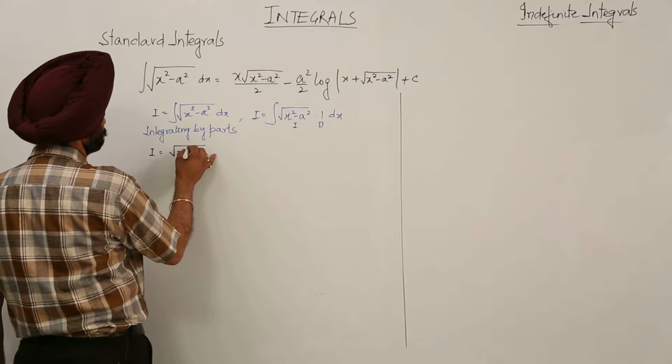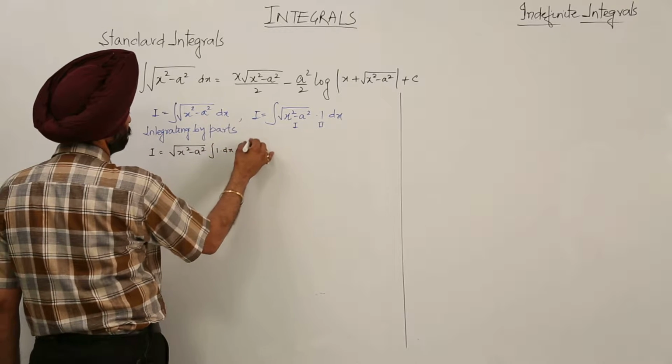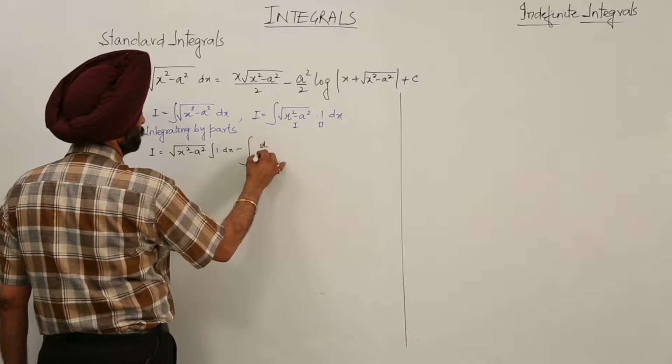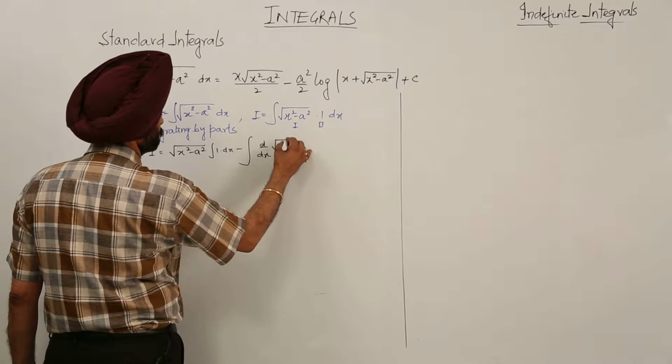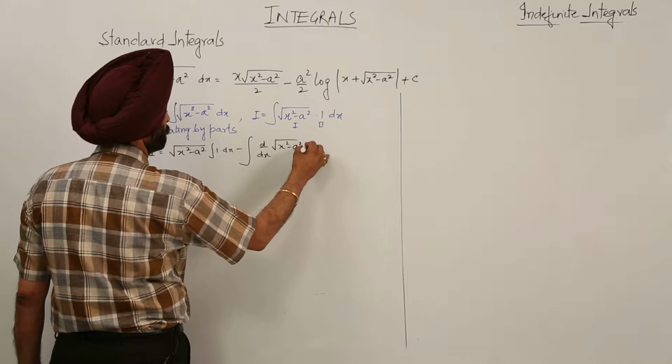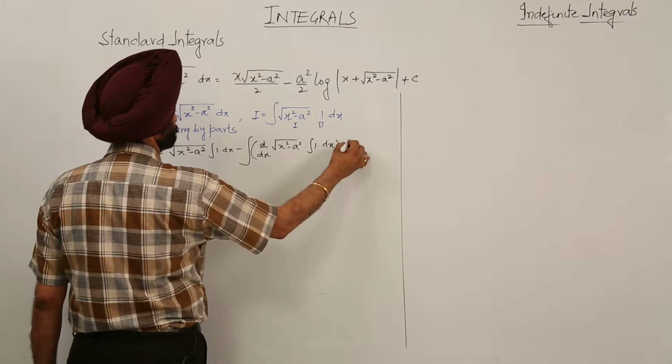Now we have square root of x square minus a square times integration of 1 dx, minus integration of d by dx of square root of x square minus a square with integration of 1 dx, and dx.